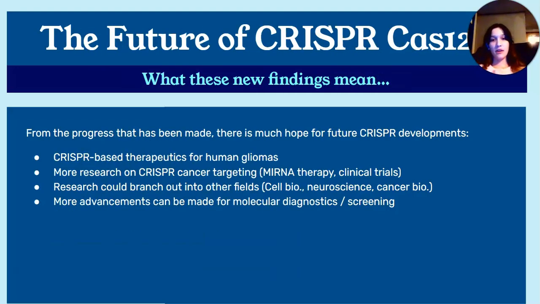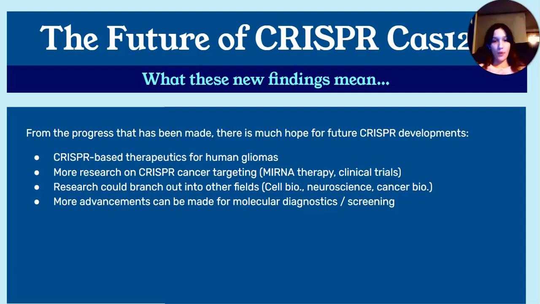In the future, there can be much progress, and there's hope for developments in CRISPR systems. For example, CRISPR-based therapeutics for human gliomas could actually be something that we can have in our reality, as discussed in the tests from before, although they have not passed clinical trials yet, of course.